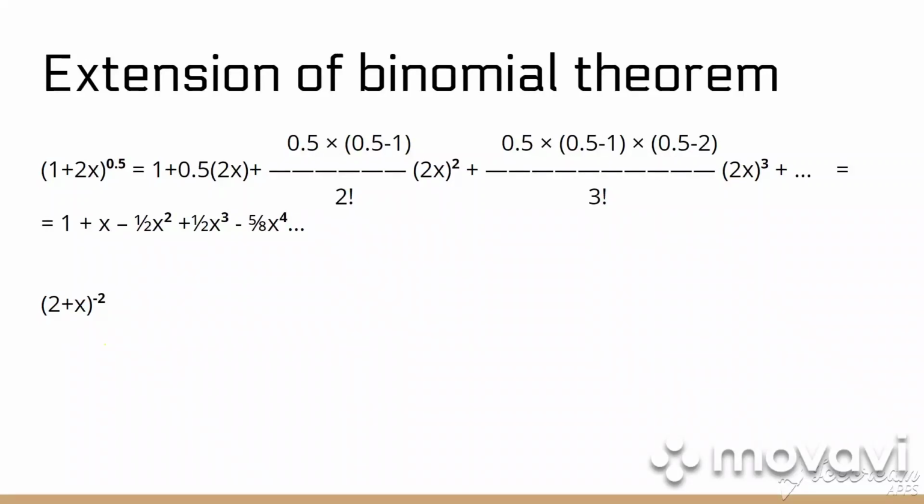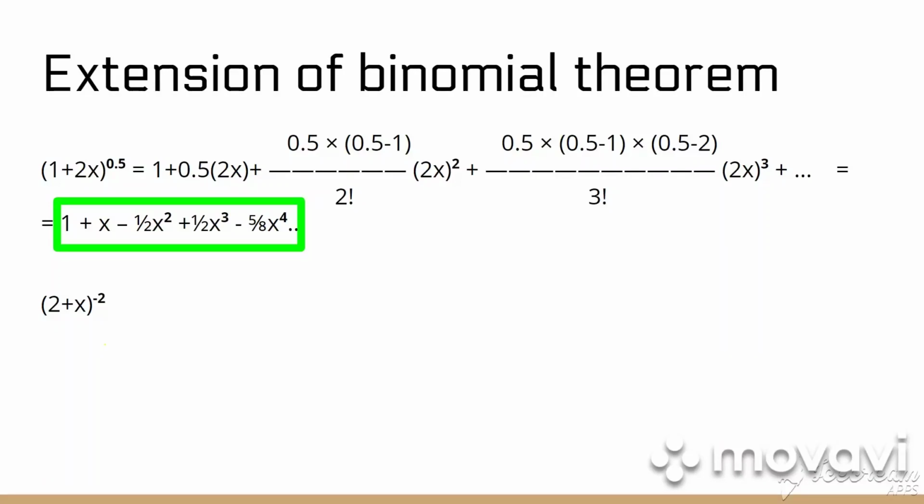The polynomial is infinite, and we'll get the answer of 1 plus x minus half of x squared plus half of x cubed minus 5/8 of x to the power of 4, and so on. The polynomial is infinite, as I said before. You can just write the first 3 or 4 terms, but if the question itself asks for more terms, you will write more of them. But mostly the question itself asks only for 3 or 4 of them.